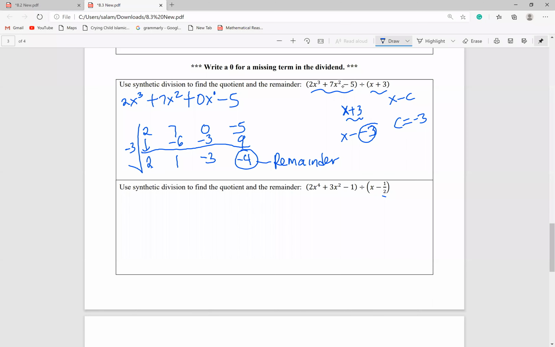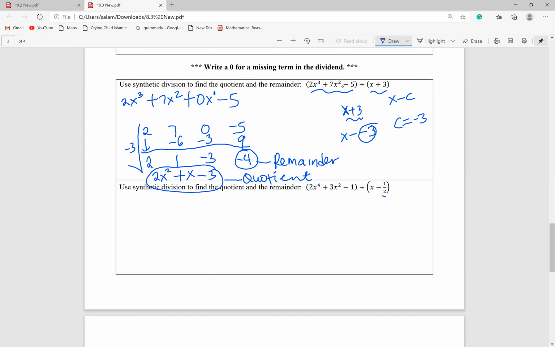So the quotient is 2x to the 2nd power, plus x, because this is 1x, then -3. That's how to use synthetic division, and those are the steps.